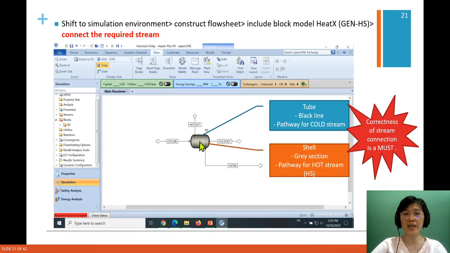The tube section here, if you refer to the black horizontal line, is for the cold stream. While the shell side is the gray shaded section, and our hot stream must pass through the shell side based on the details of the question given.